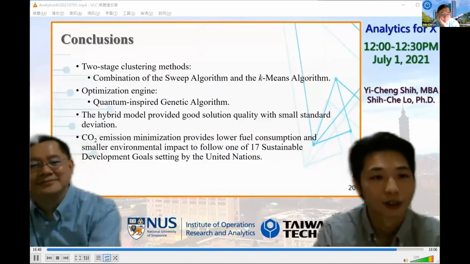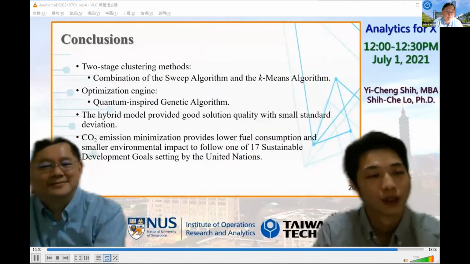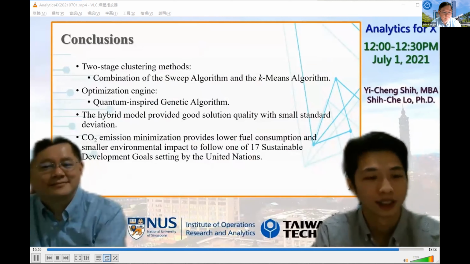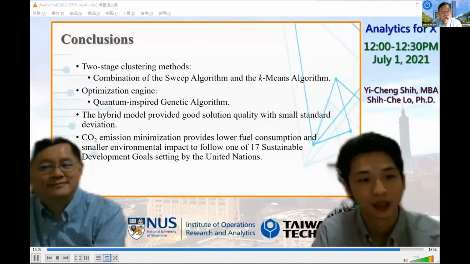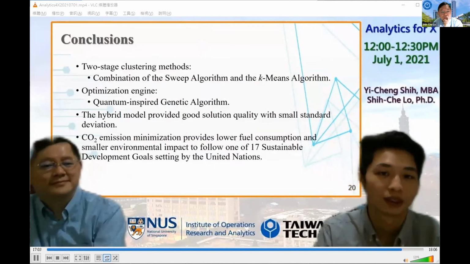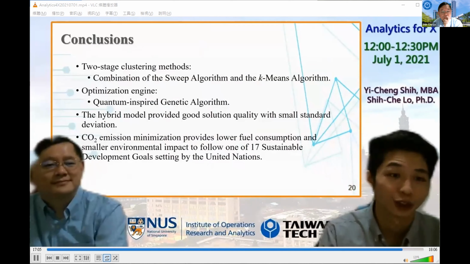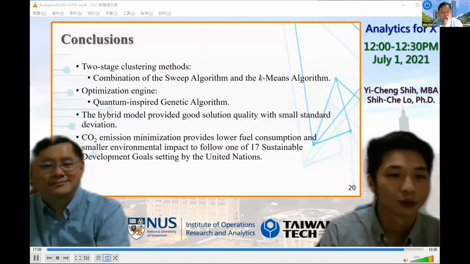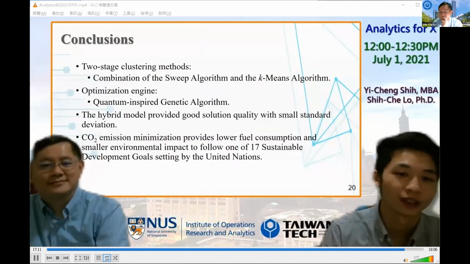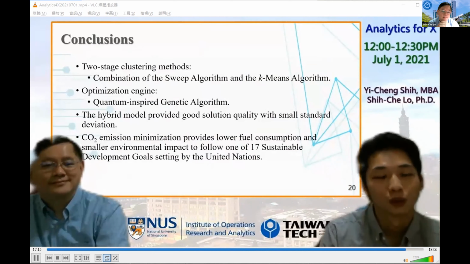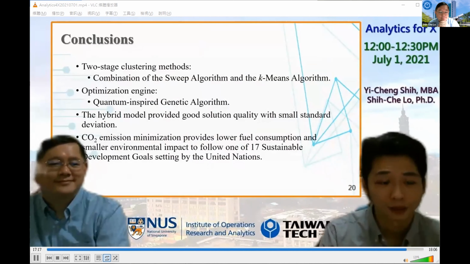And then is our conclusion. In this research, we proposed a two-stage clustering method, combining the sweep algorithm and the k-means algorithm with capacity constraint. Then we use the proposed quantum-inspired genetic algorithm, QIGA, to do the optimization.